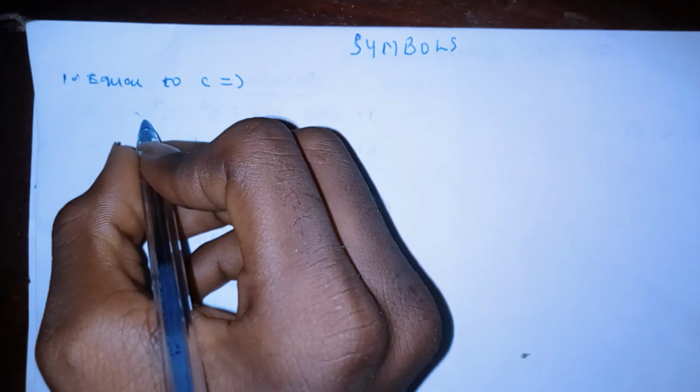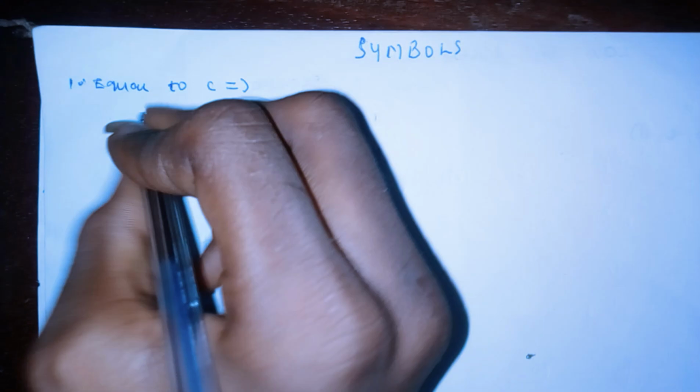This equal to is usually used in equations, in the quadratic equation and simultaneous equations. This equal to means that the left hand side is equal to the right hand side. It's better that I solve it for you to get what I'm trying to say.